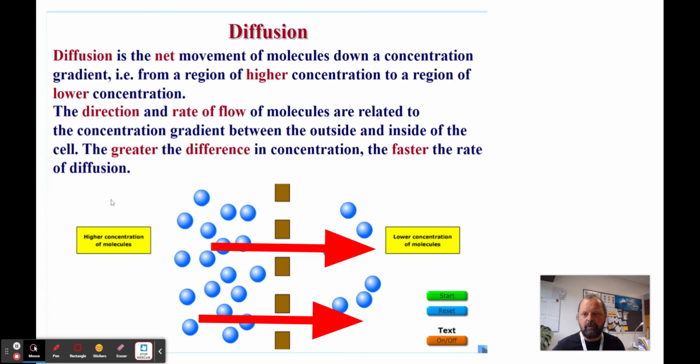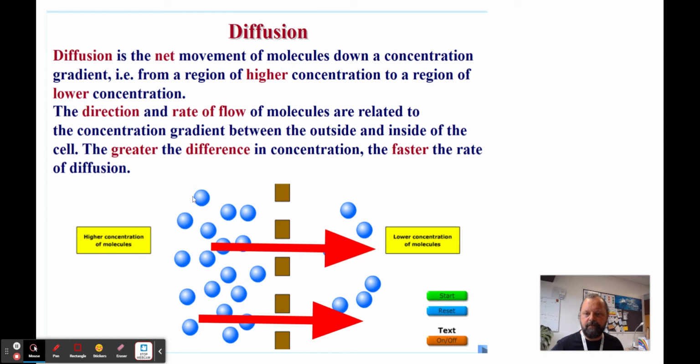And in cells, that process of diffusion would happen through a membrane, which is what this brown dotted line on this diagram represents here. So if a material can pass through a cell membrane, then it will move in the direction towards fewer molecules, or you can say diffusion happens down the diffusion gradient from a higher concentration to a lower concentration.